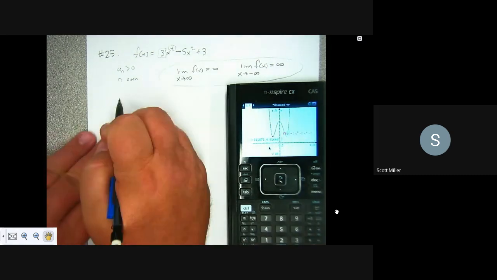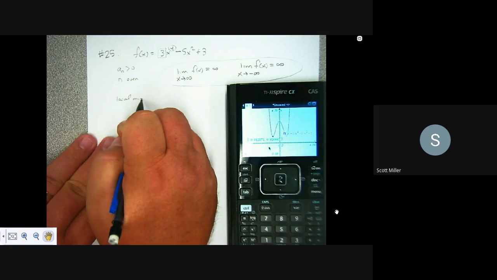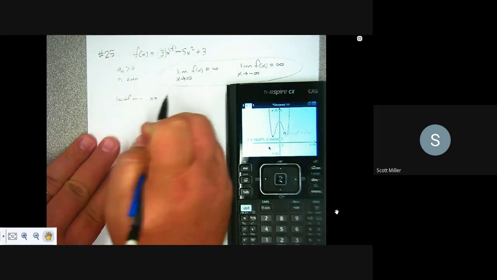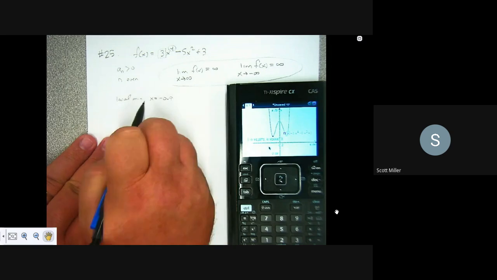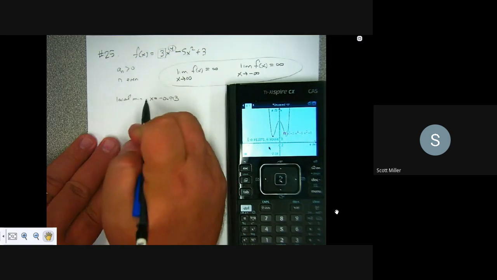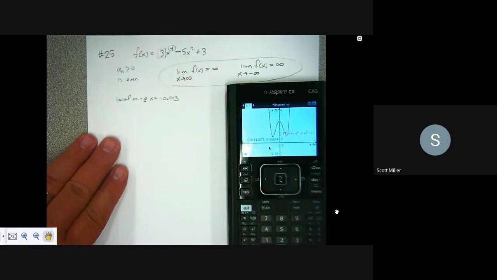So I have a relative min, or a local min, when x equals negative 0.913. So a local minimum at x equals that. On the graph, you would graph and label both points, both parts, the x and the y.